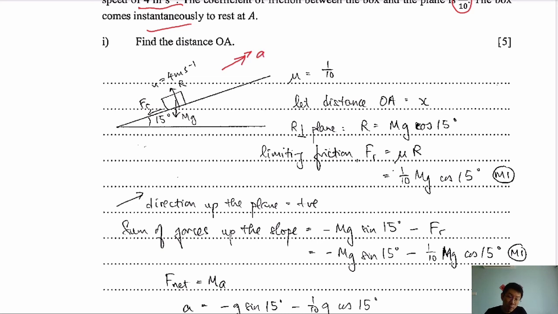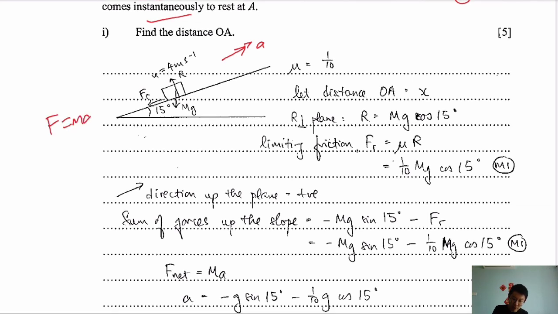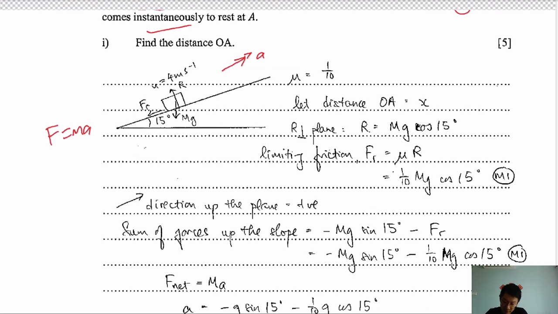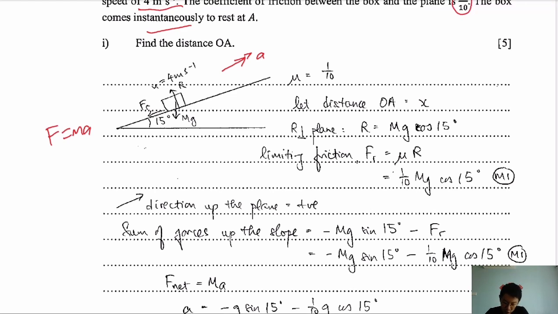Before we can find out what the a is in that case, we have to use F equals ma. F equals ma depends on our net force, so we will see what our net force is. To construct our net force, we have the reaction force.